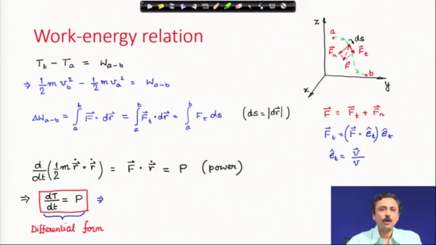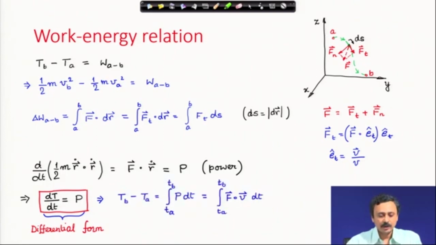This is the differential form of the work energy relation, which you can put again in the integral form in terms of power. Therefore, kinetic energy at position B minus kinetic energy at position A is equal to the integral of the power over time, as time moves from tA to tB. So, the time integral of power is the work which is equal to the change in kinetic energy.